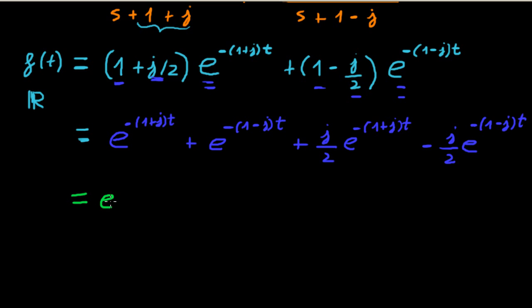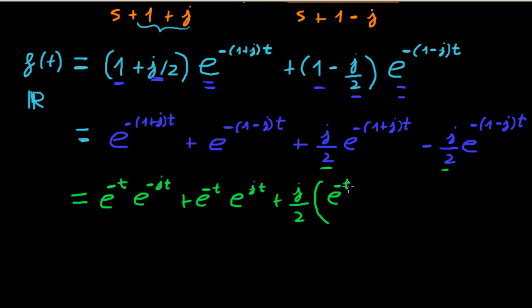This is equal to e^(-t) times e^(-jt) plus e^(-t) times e^(jt) plus, common factor here, j/2, e^(-t) e^(-jt) minus e^(-t) e^(jt).